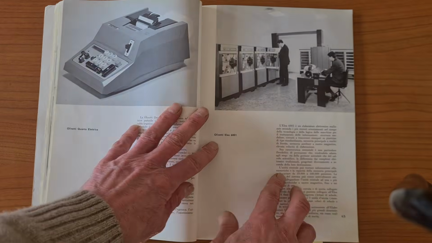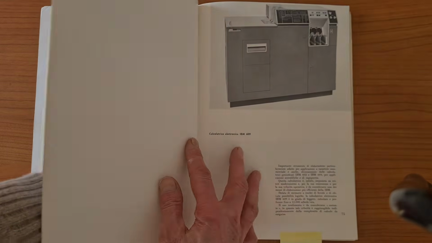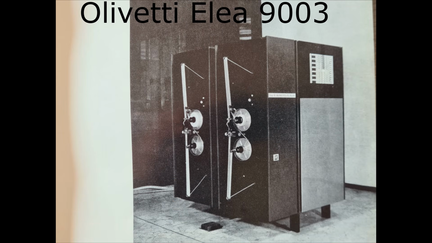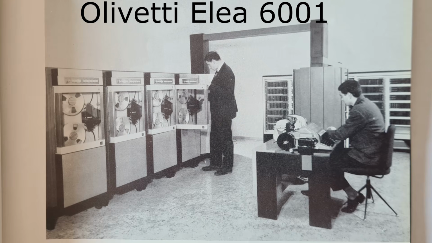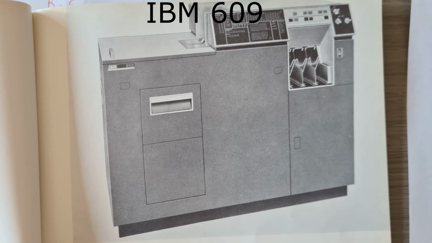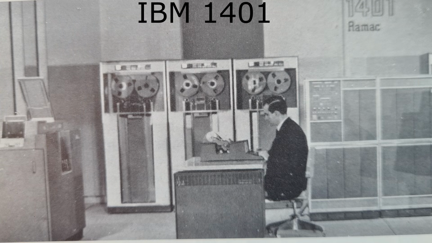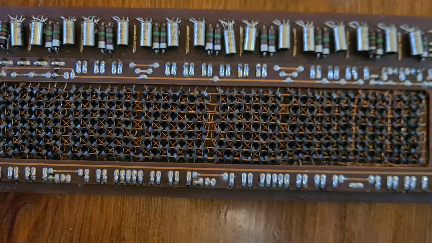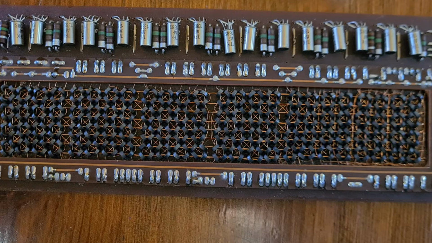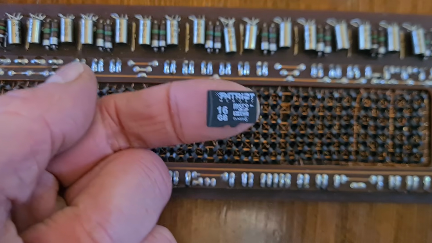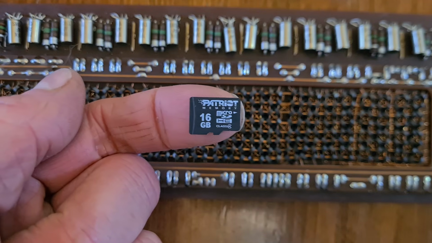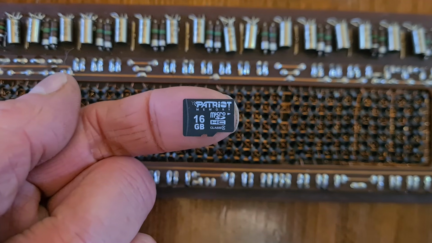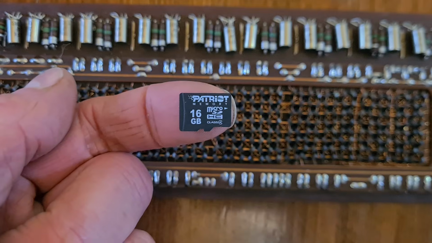These are from a catalog of 1963: Olivetti Elea 9003, Olivetti Elea 6001, IBM 609, IBM 1401. Today, a tiny micro SD card has millions of times the capacity, weighs just a few grams, and is thousands of times faster.